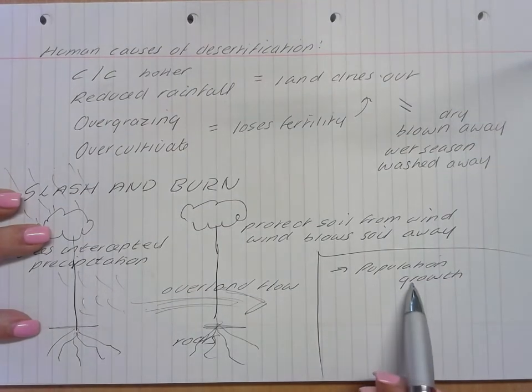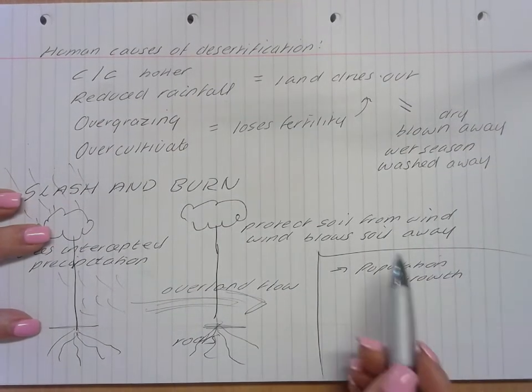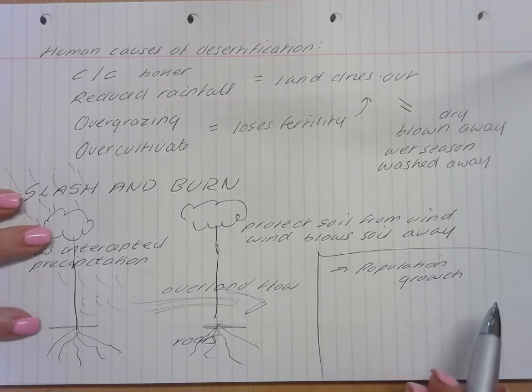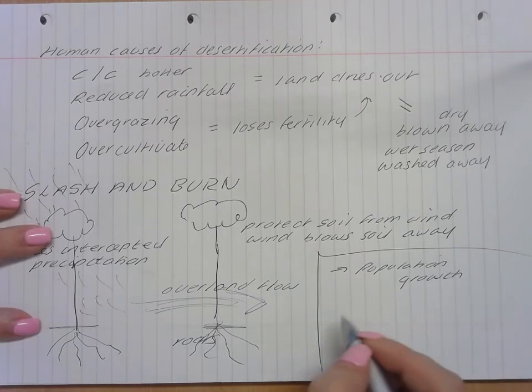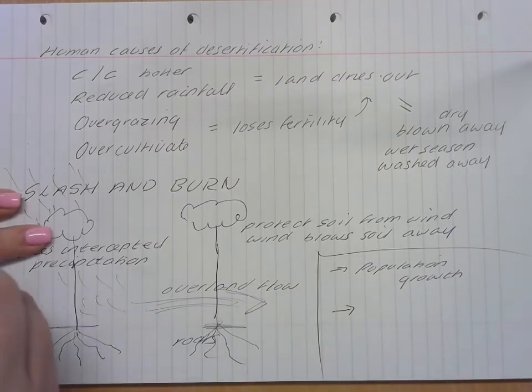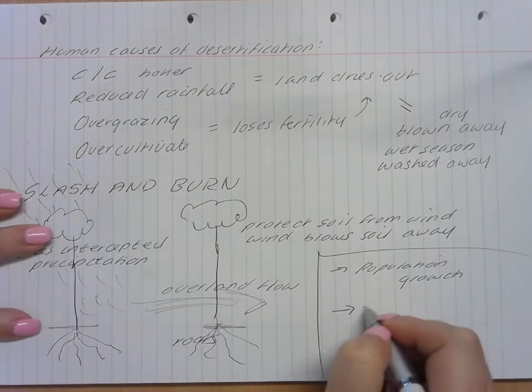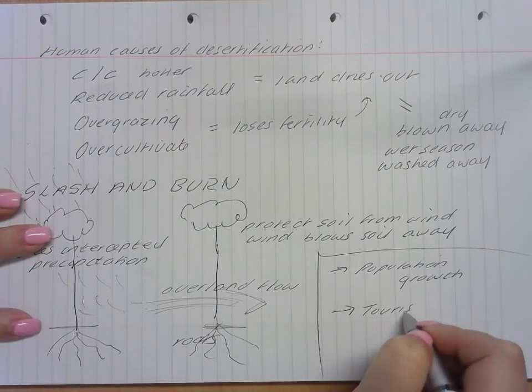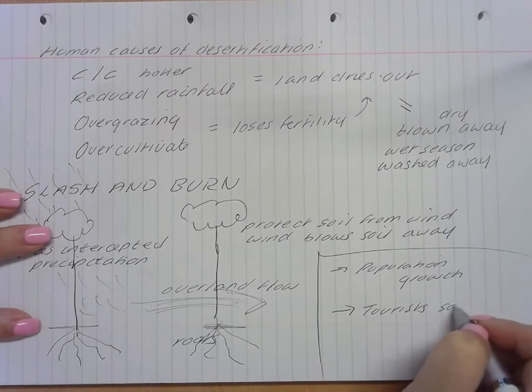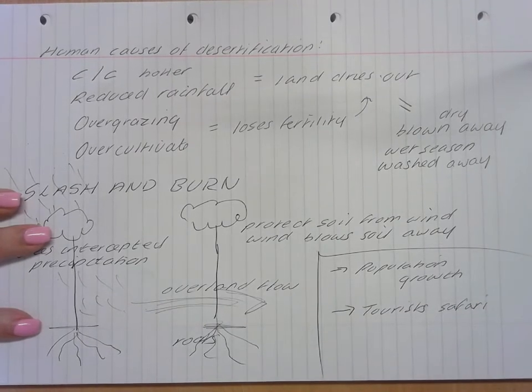But population growth obviously means the chopping down of trees and soil being destroyed. And another one is tourists on safari. Tourists will go to visit the grasslands to go on safari, and the vehicles that they go around in will destroy the landscape and also the wildlife.